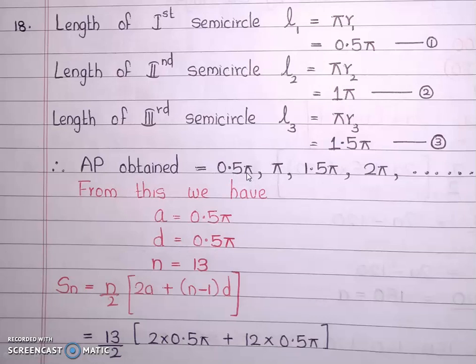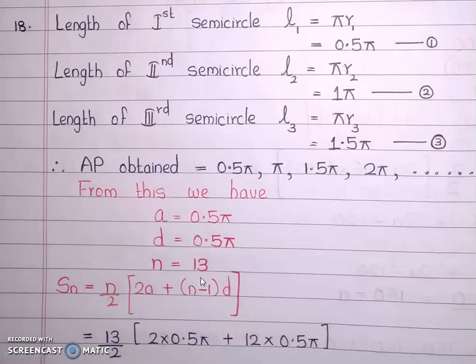How will you get the common difference? Second term minus first term. 1 minus 0.5. You will get the common difference as 0.5 pi. Now, n equal to 13.